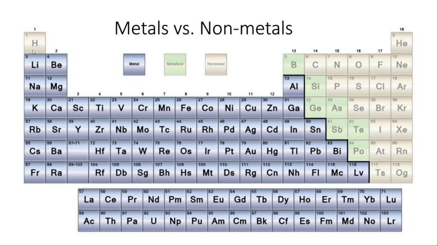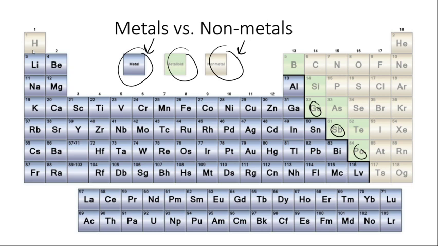As you can see, we've broken this down into metals, metalloids, nonmetals. Most times you will even just see people break it down into metals and nonmetals, grouping some of these metalloids in with metals. Usually germanium, antimony, and polonium go in with the metals, and then the rest go in with the nonmetals.